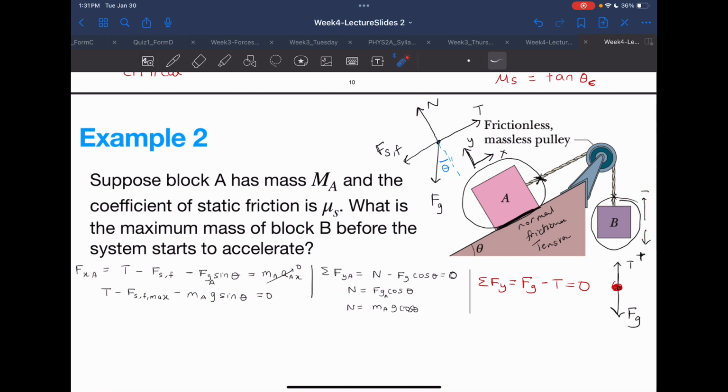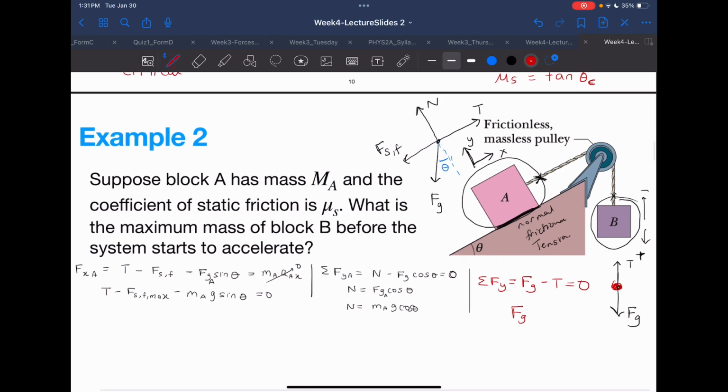That's absolutely true, because if I make this one negative, this one positive, there's no overall change in what this equation is telling us, because the equation just tells us that FGB is equal to the tension force. This is for block B.